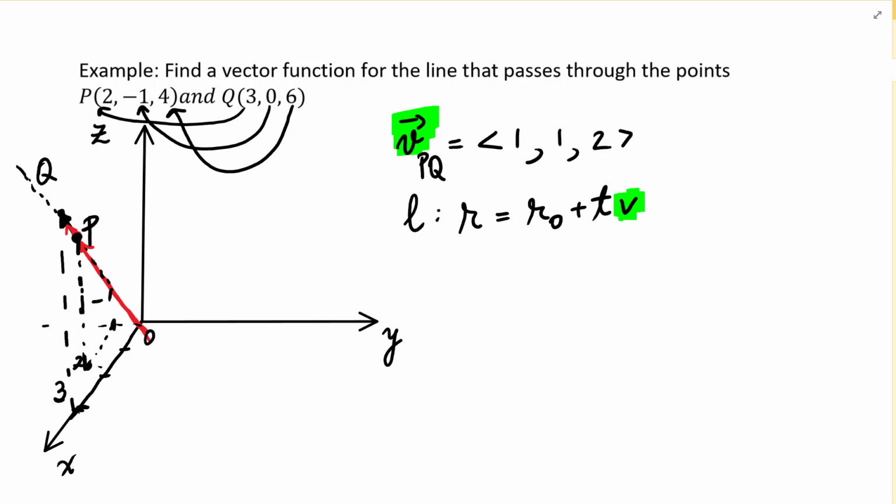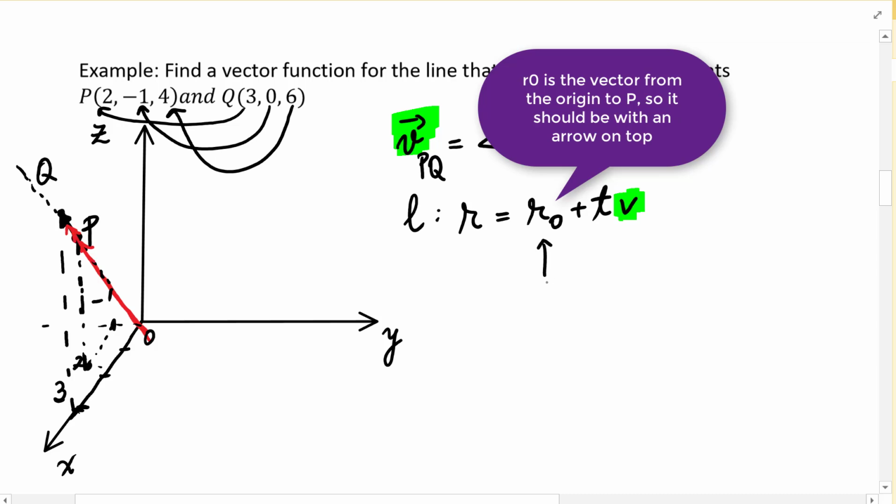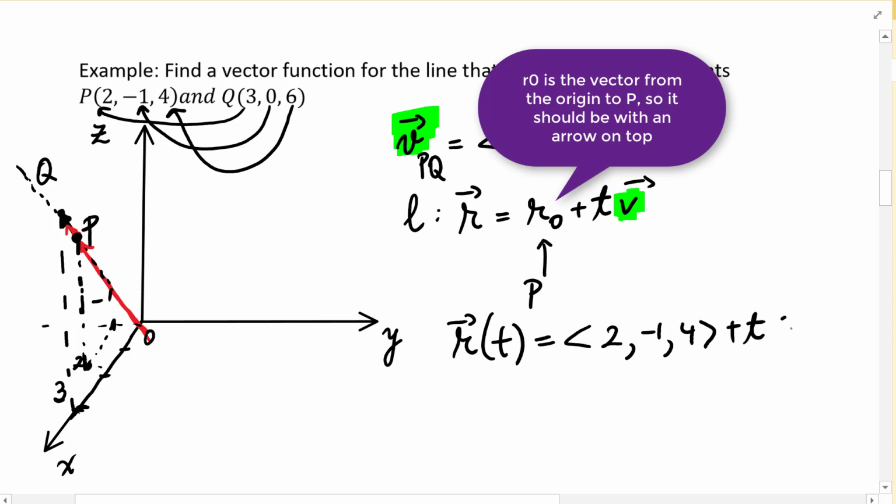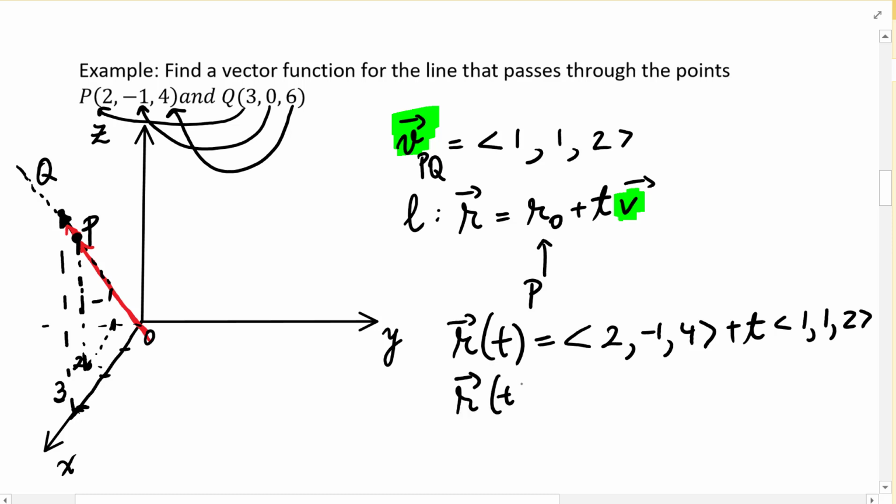This v is this one. r naught are the coordinates of the initial point P. So the vector r of t is r naught, which are the coordinates of P, 2, negative 1, 4, plus t times the vector v, which has the components 1, 1, 2. So r of t is given by t plus 2, t minus 1, and 2t plus 4.